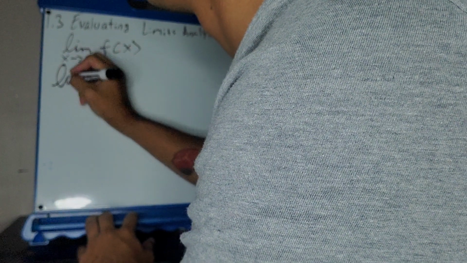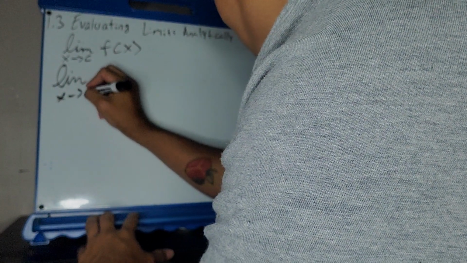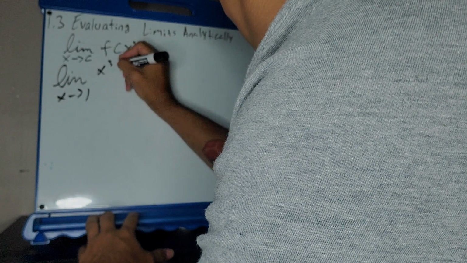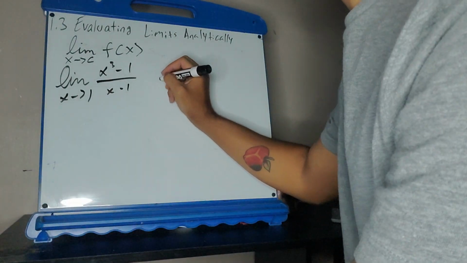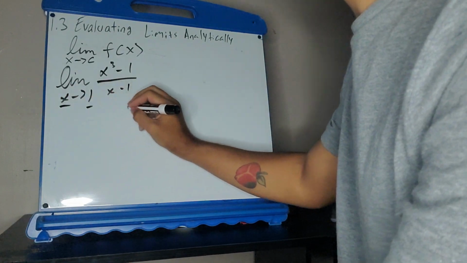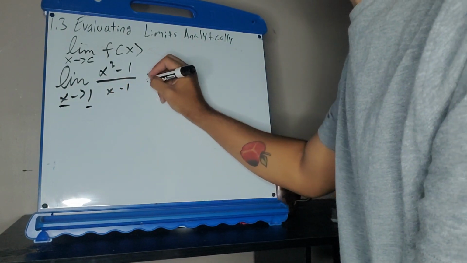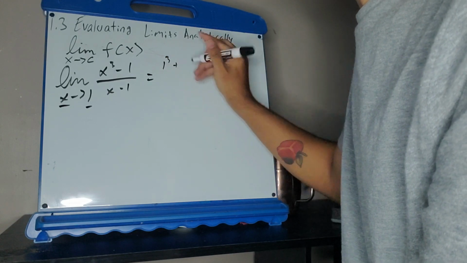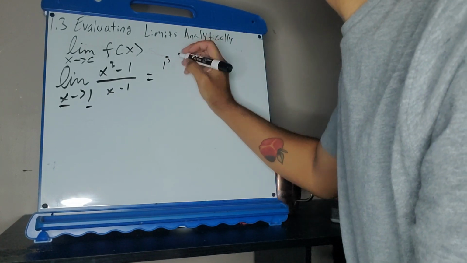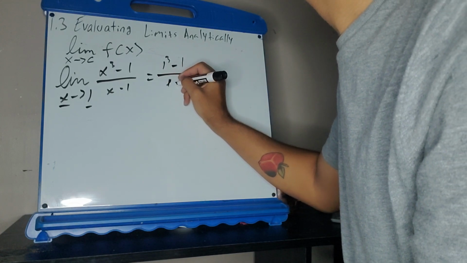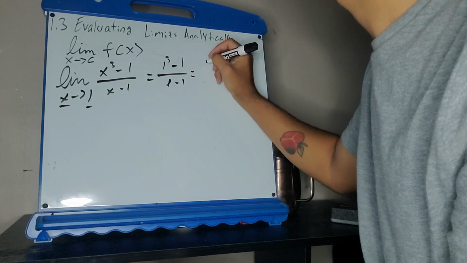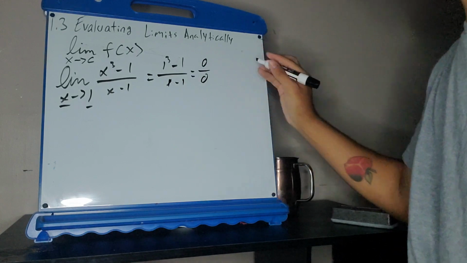So with the original function as x approaches 1, we can clearly see that this will be equal to 1 cubed minus 1 over 1 minus 1, which is just 0 over 0.